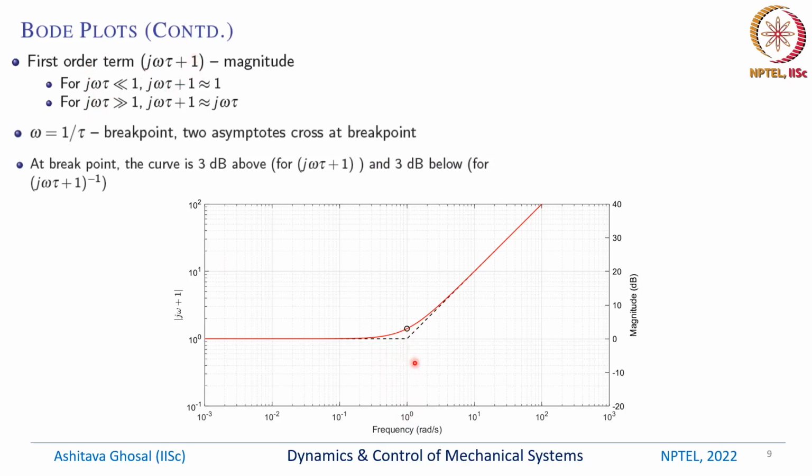I'm not showing you the plot when it is in the denominator, but this red curve, the magnitude versus frequency, will be slightly lower, 3 dB lower. These plots have been obtained for tau equals 1, and that is how you get this frequency. The corner frequency, the frequency at which these two asymptotes meet, is 10 to the power 0, which is 1.